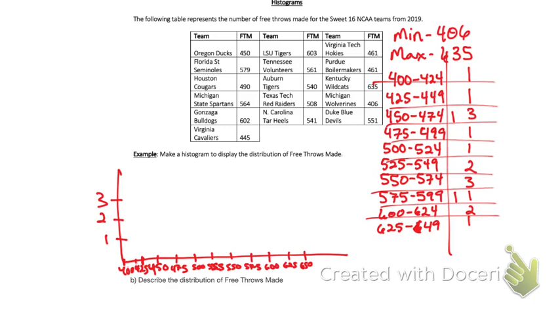That doesn't make sense. Yes, it does. All right, so basically it's as easy as you just make the bars.